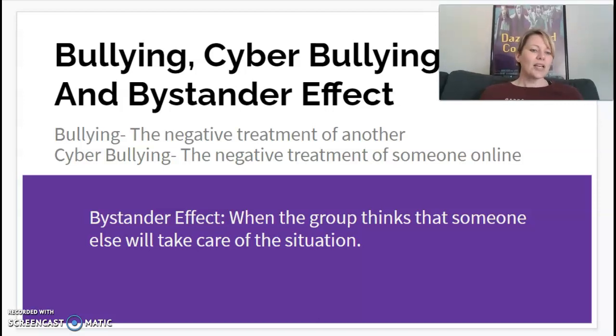So anyways, the bystander effect is when the group thinks that someone else will take care of the situation. While I was reading about this, I thought, if I ever saw someone being bullied, I'd take care of it. I would step up. But then the book gave an example: have you ever passed an automobile accident and just kept going because you think somebody else probably called the police?